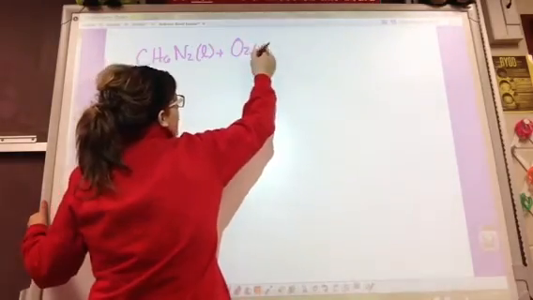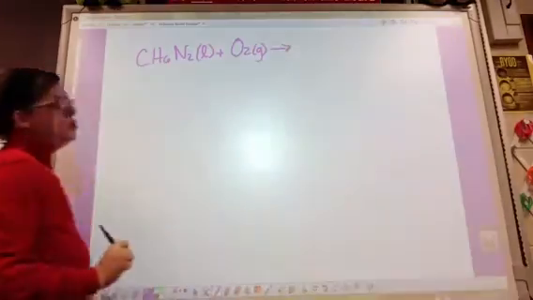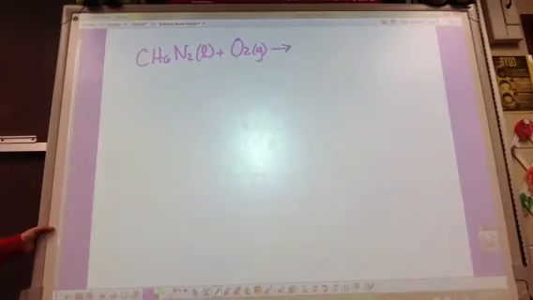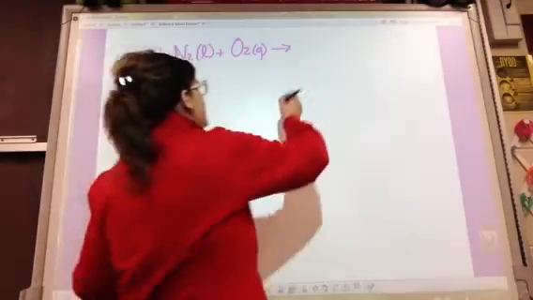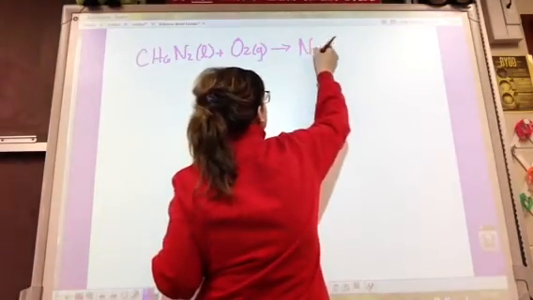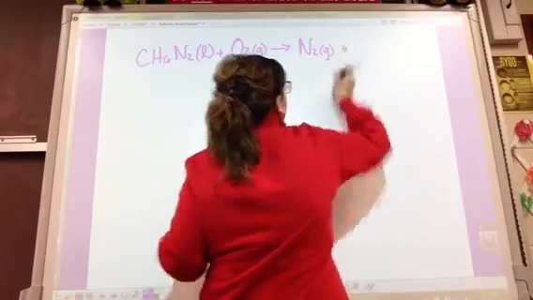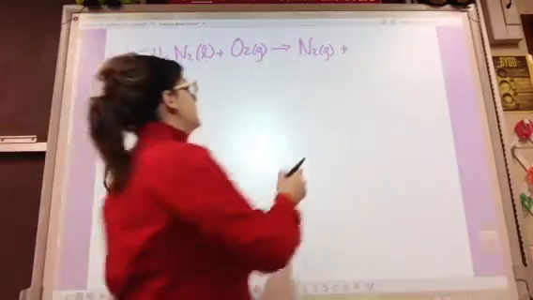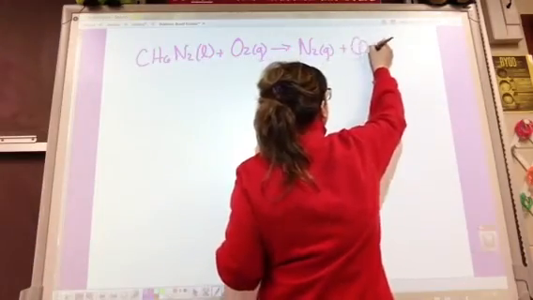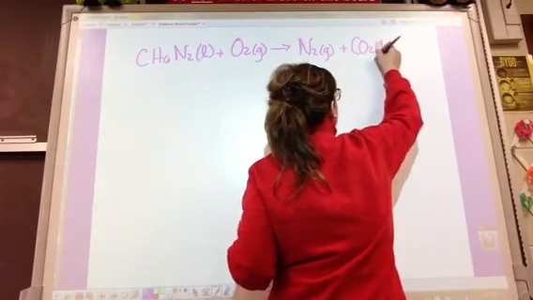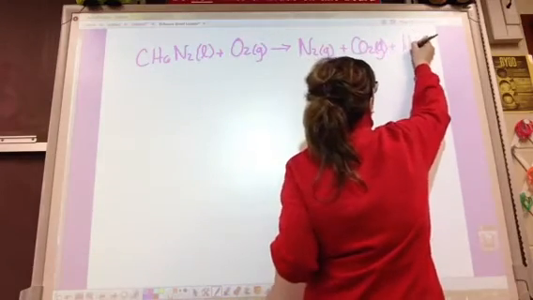It's going to react with oxygen to produce, and it told me what it was producing, nitrogen gas, so we're going to produce N2 gas. We're also going to produce carbon dioxide gas, and then liquid water.